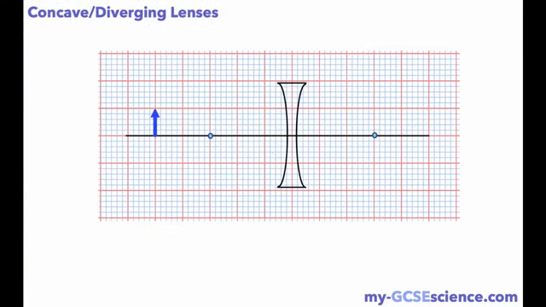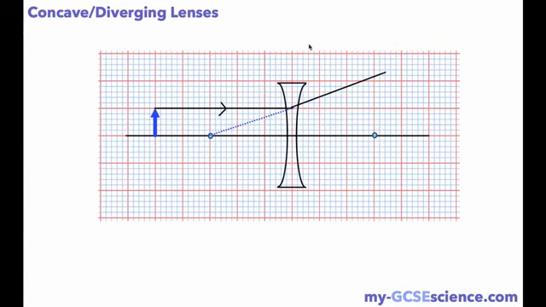Let's try one more example, and if you have downloaded and printed these out, you can draw along with me here, but again in a similar way, from the tip to the center of the lens, we then draw our virtual light ray. So join the point where it hits the lens to our principal focus, that's a virtual light ray. You can continue the line on the other side, which is the real light ray.